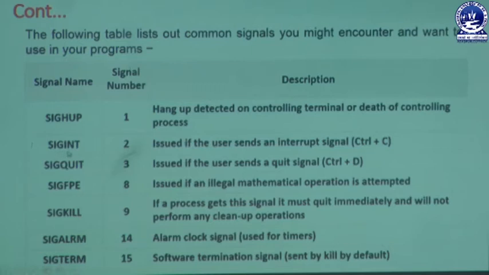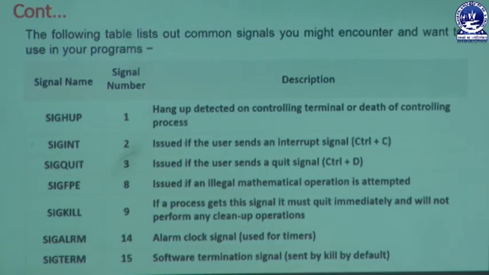This signal is generally created whenever the user gives interrupts through the keyboard, like Control-C, Control-V, Control-A, Control-J, and Control-X. These signals are provided through SIGINT.